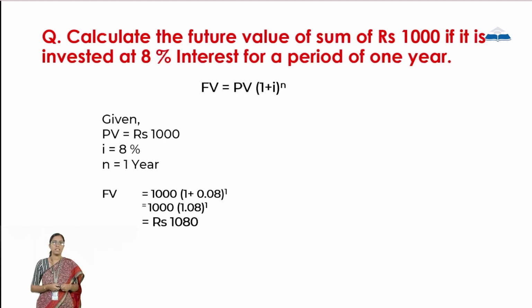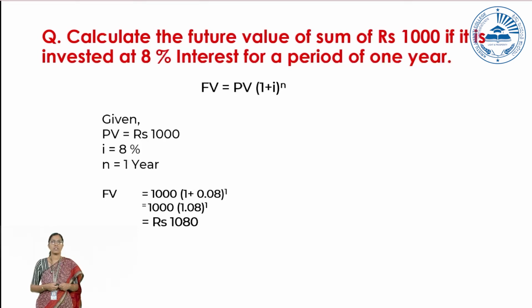So what is the meaning? If you are investing rupees 1000 today at 8% interest for a period of 1 year, after 1 year that value will be equal to rupees 1080. So the 1000 rupees today has the same value as 1080 rupees after 1 year.